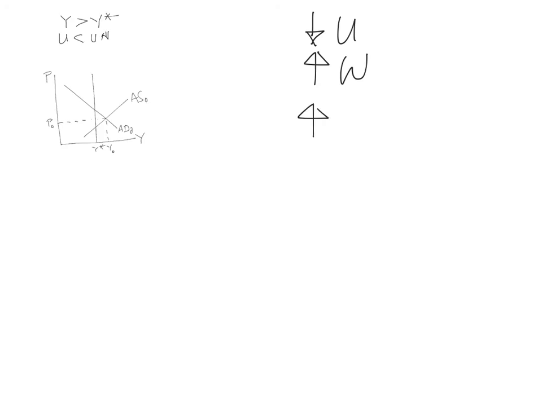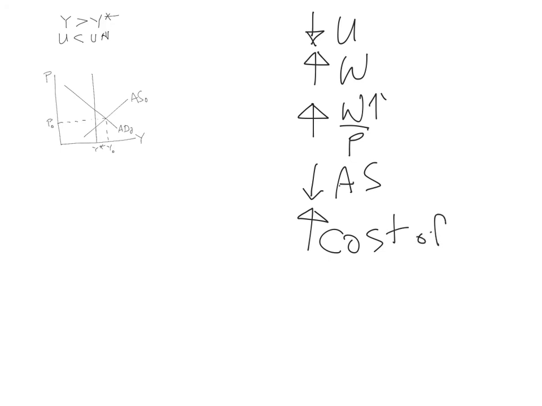Which then means, with no change in prices, that there will be an increase in the real wage rate because nominal wages are going up. That is an increase in the cost of production, right? So there'll be a shift inwards in aggregate supply, reflecting an increase in the cost of production.